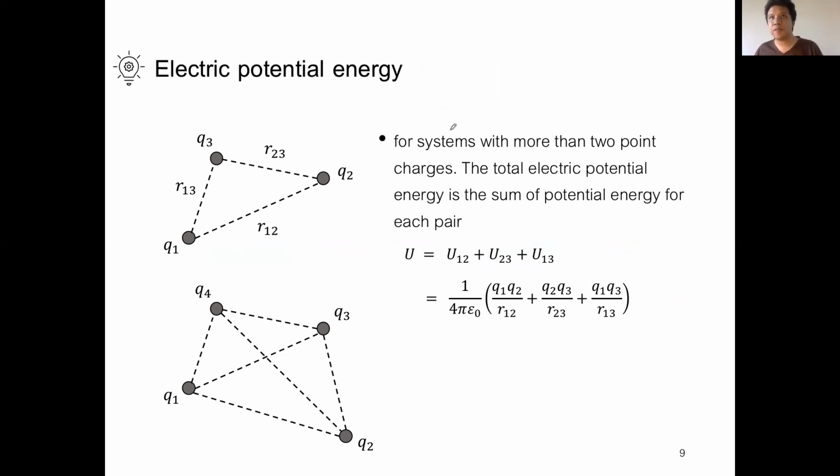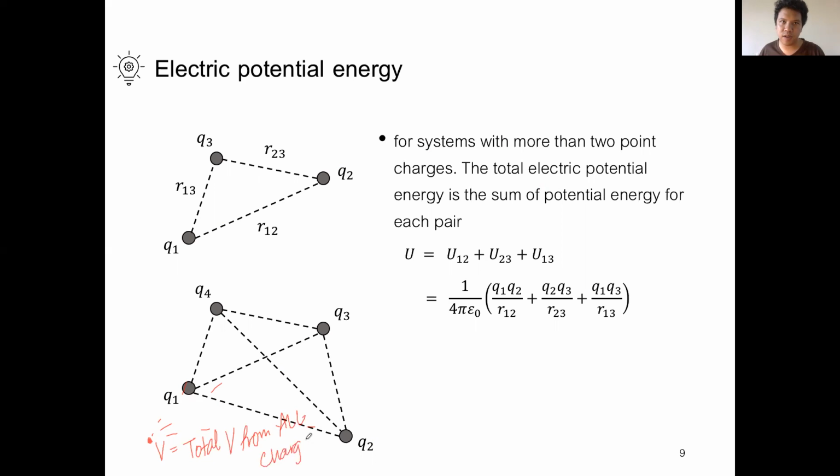Let me remind you a little bit: if I want to find the electric potential at any point within the space from four charges, what I do is find the total potential from all the charges.